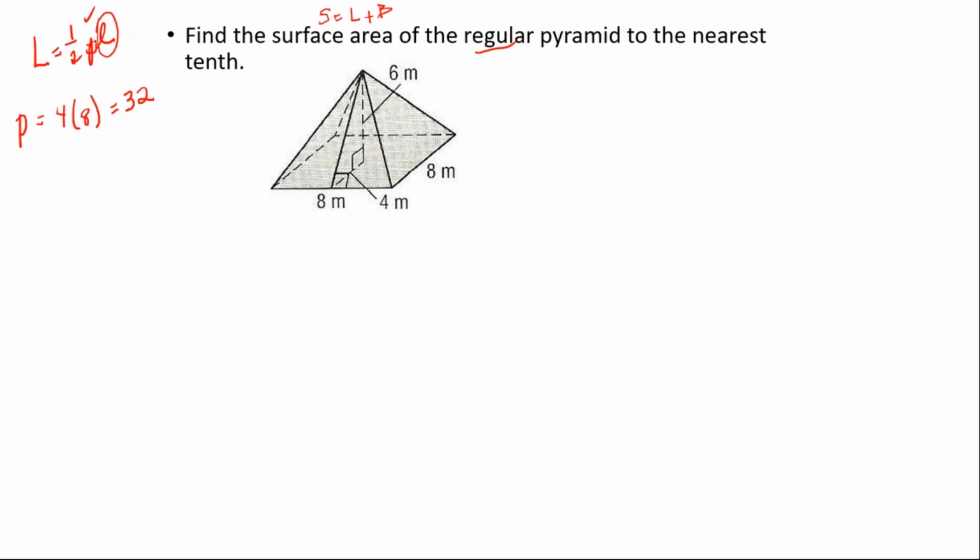What is the slant height? Any guesses from anybody? Any guesses? What is the slant height?